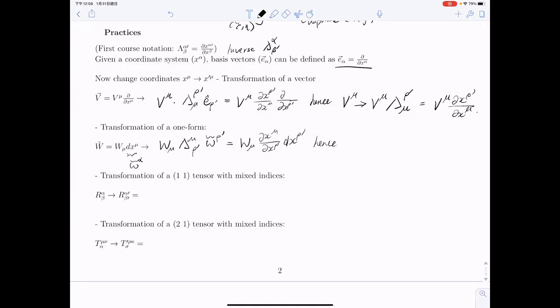Hence we know that a one-form component is transformed by this.